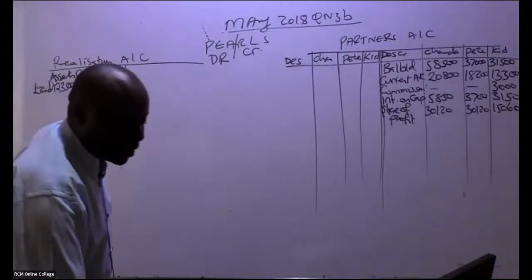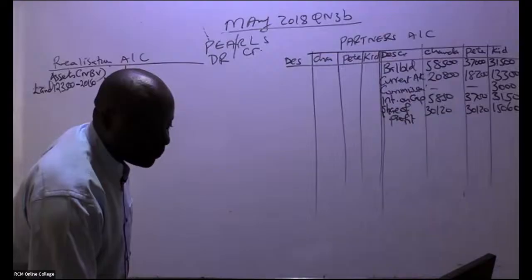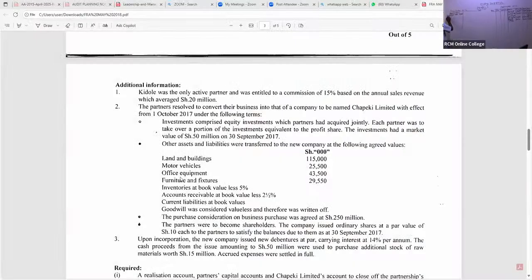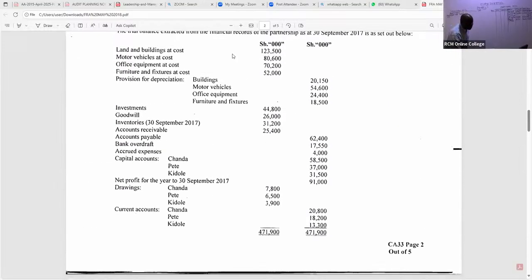The next one that was taken to the new company, my good students, is motor vehicles. So we have motor vehicles, go back to the net book value. The cost that we have here for motor vehicles is 8,600. Are you able to see the depreciation of motor vehicle? Motor vehicle depreciation is here.